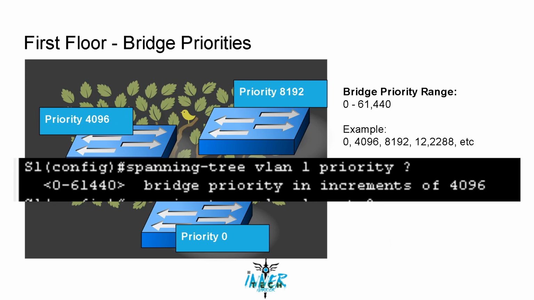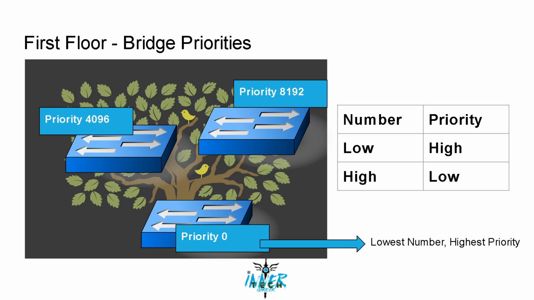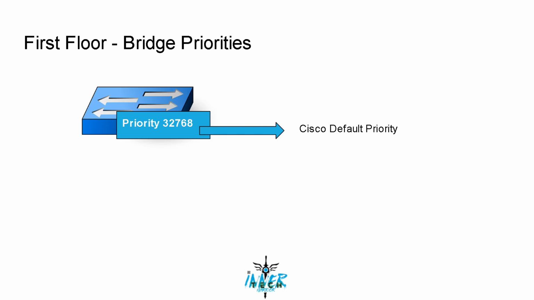The range for bridge priority is 0 to 61,440 in increments of 4096. Lower numbers indicate higher priority. Priority of 0 would make a switch the guaranteed root bridge. 32768 is the default priority used on Cisco switches if the priority is not configured.